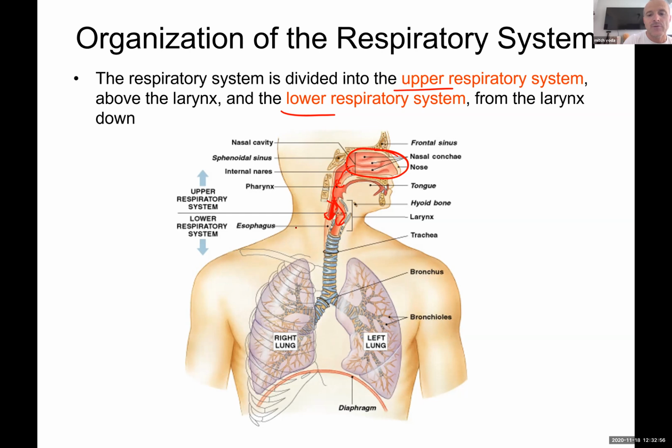It's called the respiratory system. That's where the upper respiratory system stops, and the lower respiratory system starts. So the upper part is made up of the nose with the nasal cavities, followed by the pharynx, and then right here, the confluence, you have the larynx.